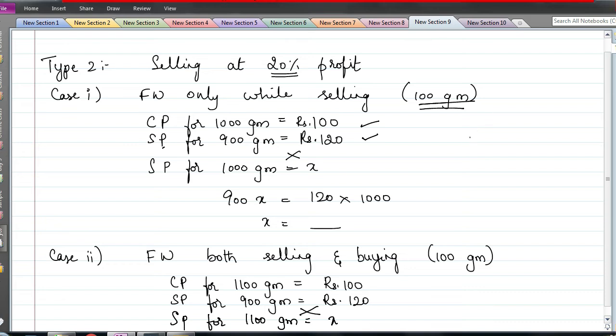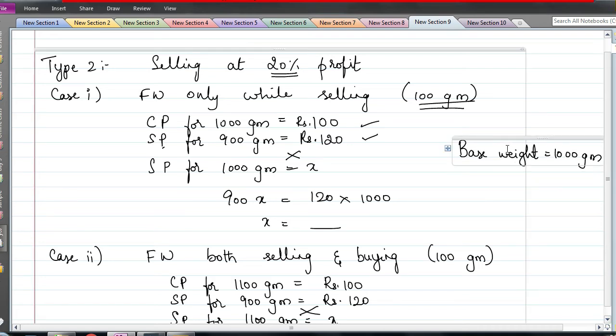Keep your base weight as 1000 grams, that is 1 kg. Now, if the false weight is used while buying, add that extra weight to the cost price quantity, and if false weight is used only while selling, then subtract that false weight from the base weight. This is how you need to solve false weight questions.